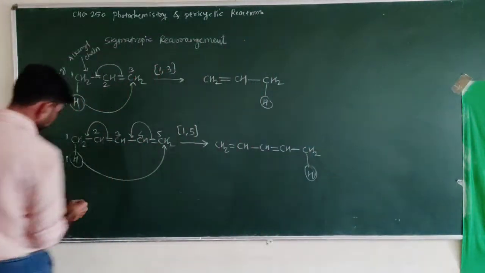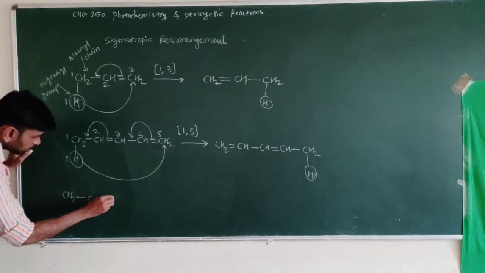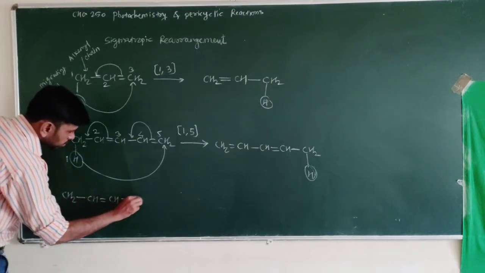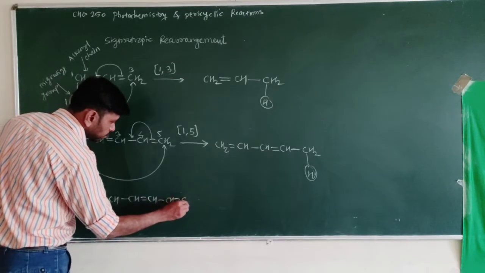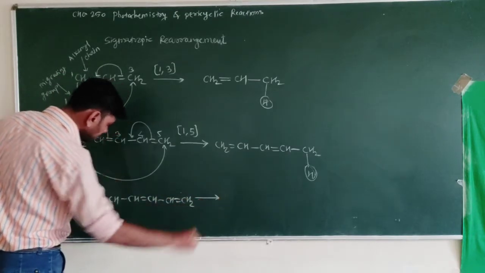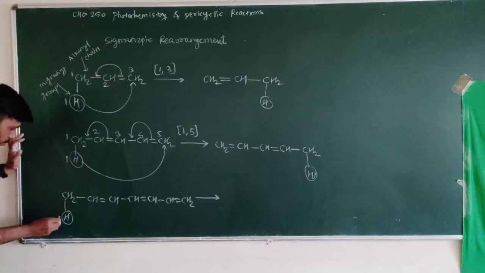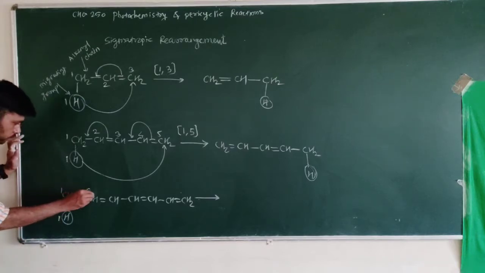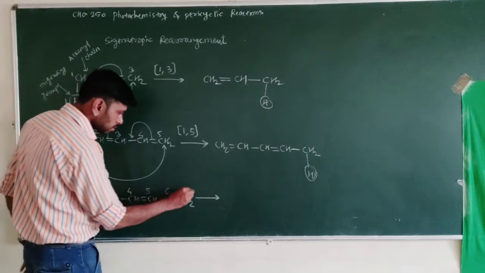Another example where CH2, CH double bond CH, CH double bond CH, CH double bond CH2. Now in this case, this is the migrating group, the migrating atom. So start numbering from the migrating atom as 1. This is again number 1, 2, 3, 4, 5, 6, 7.